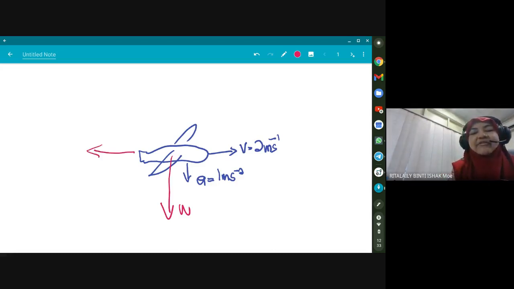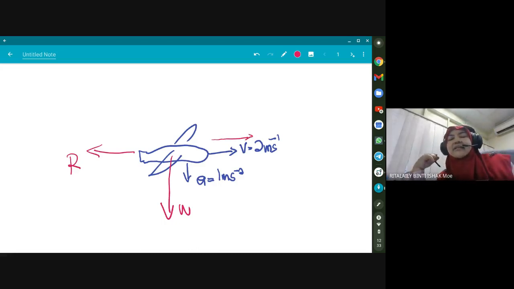So we have resistance, or some might say friction. So what is the name of the force going forward for a moving object? What do we call it, usually for vehicles? The force that moves forward. What could it be?